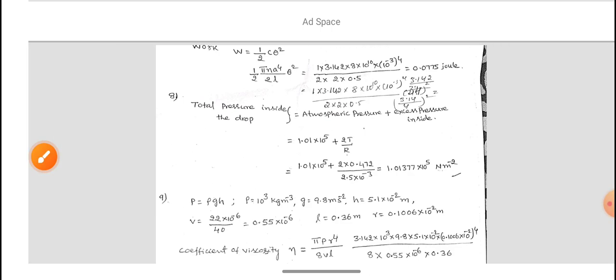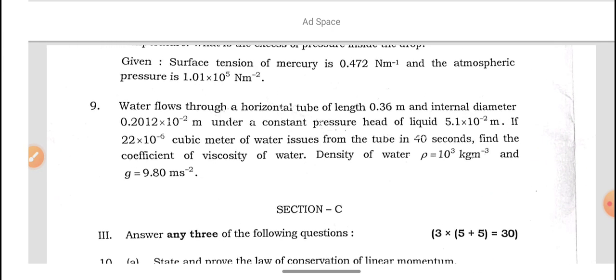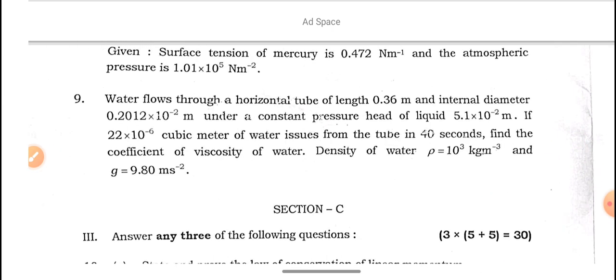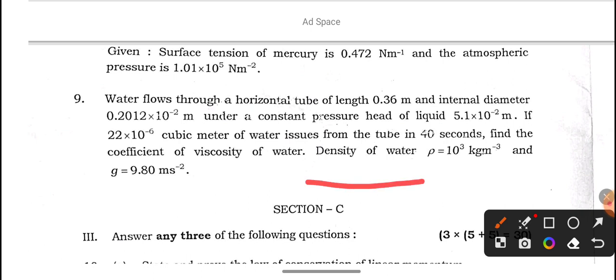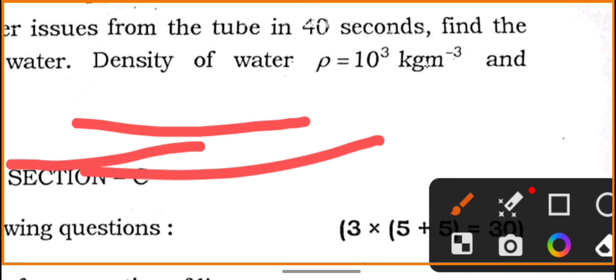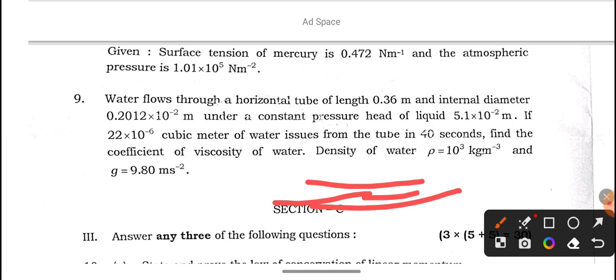Now the last one, the ninth one. Water flows through a horizontal tube of length 0.36 meter, and the internal diameter of the tube, diameter not radius, is 0.2012 into 10 to the power of minus 2 meter, under a constant pressure head of liquid 5.1 into 10 to the power of minus 2 meter.